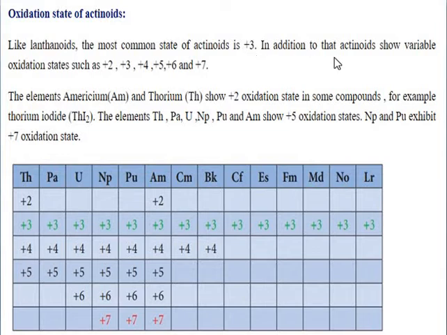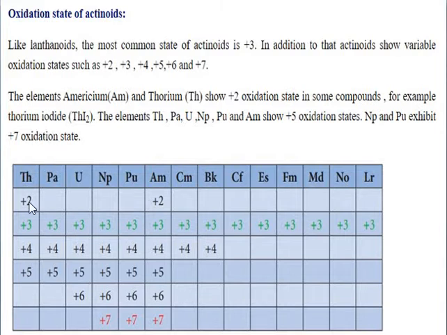In addition to that, actinoids show variable oxidation states such as +2, +3, +4, +5, +6 and +7. The elements americium and thorium show +2 oxidation states. These two elements show +2 oxidation states in some compounds.